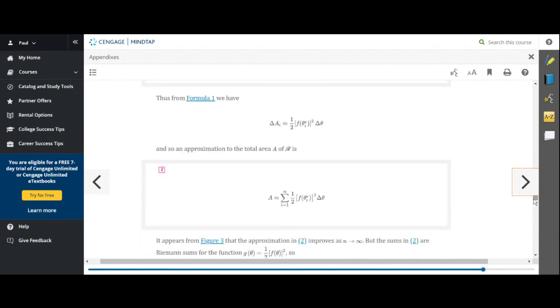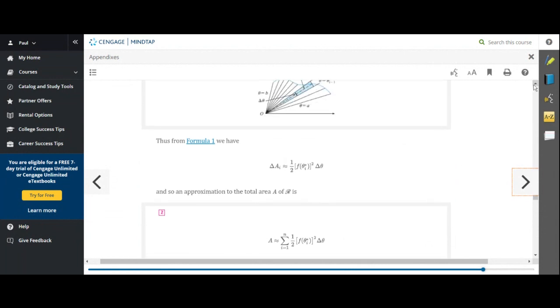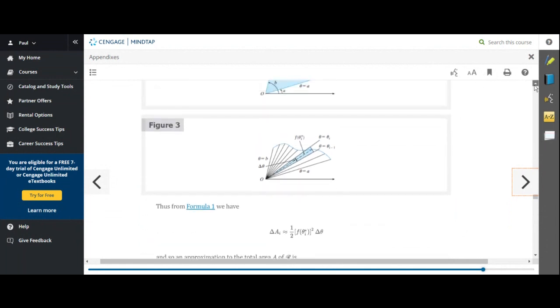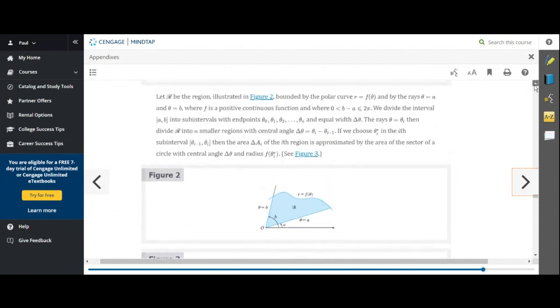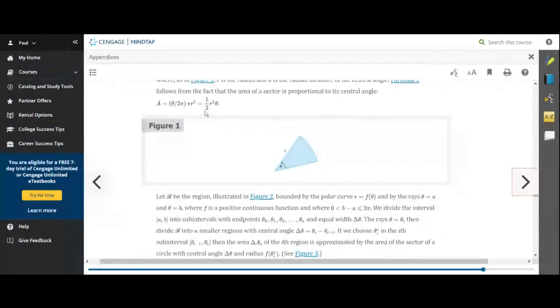And I know it's probably been a while since you've seen the formula for the area of a sector of a circle, but the area of a sector of a circle is 1/2 r squared theta. How many remember seeing that, that the area of a sector of a circle is proportional to its central angle?